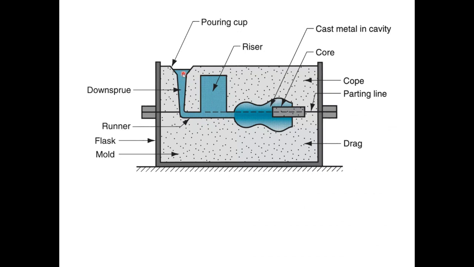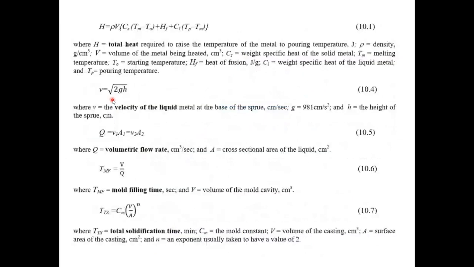So h represents the height of this conical section, which is referred to as the down sprue. So back to this equation, v, which is the velocity of the liquid at the bottom of the down sprue, is a function of its height, h. Of course, g is a constant value. Its value is given down here.